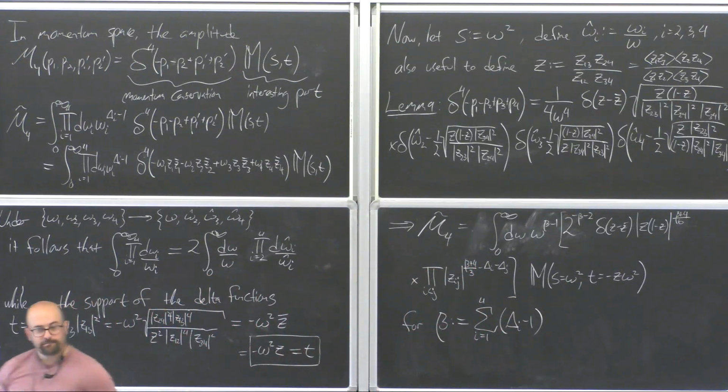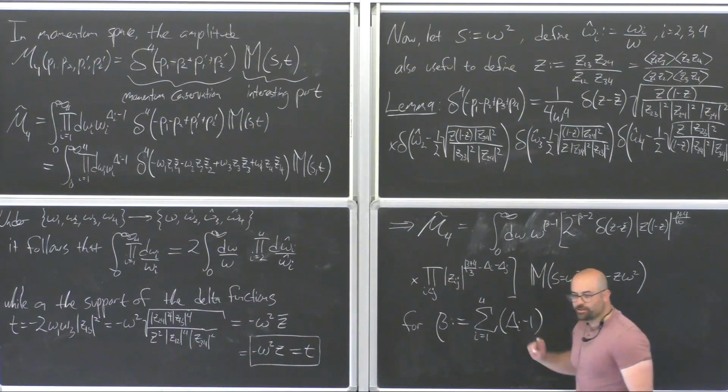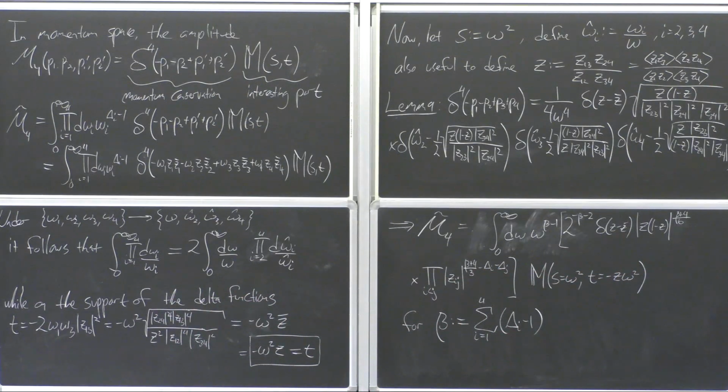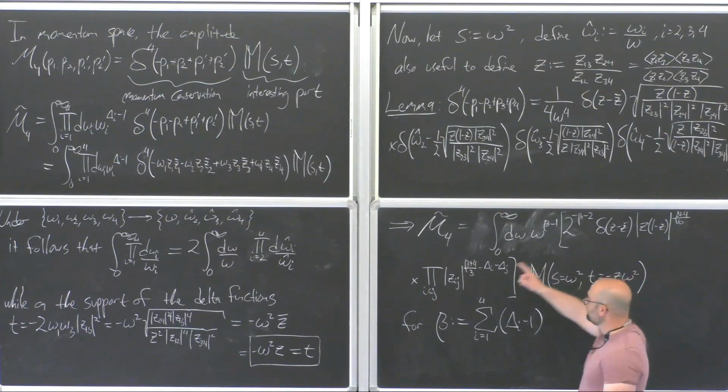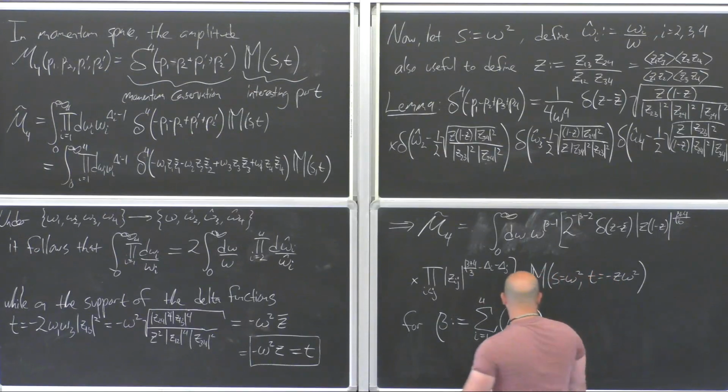Okay. Then we have this ugly mess in square brackets, but notice there's no omega dependence in here. So this just comes outside of the integral.